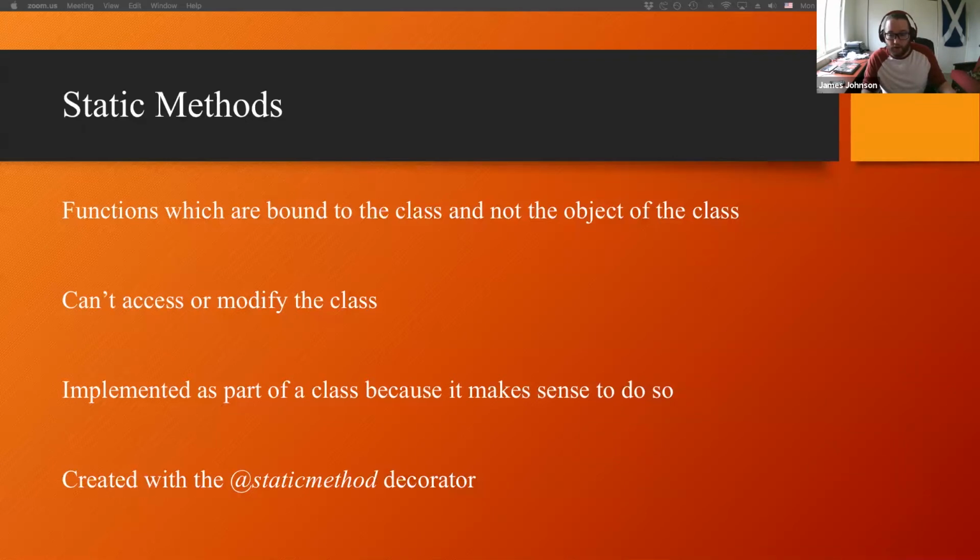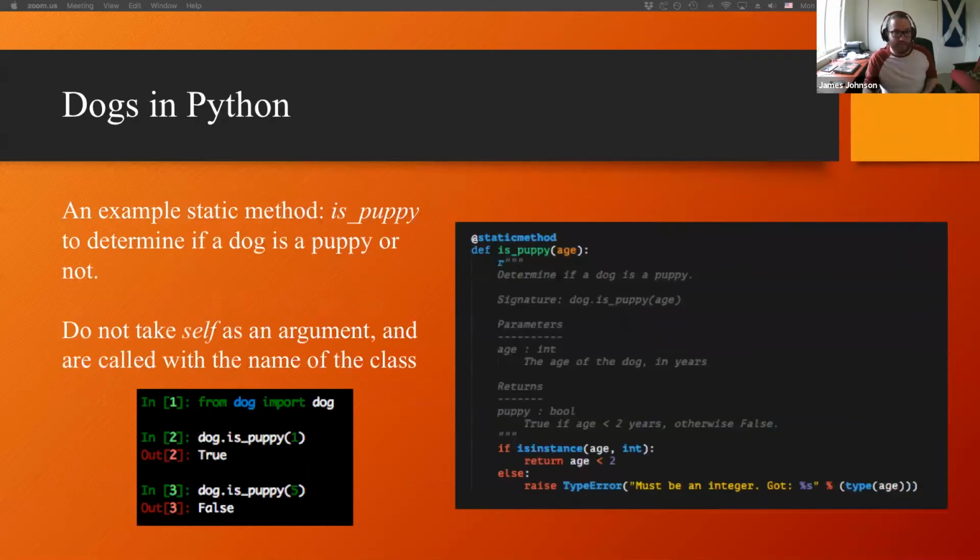So an example of a static method would be checking if a dog is a puppy. So this function I've written here just returns true if the age of the dog is less than 2. So if the dog is less than 2 years old, we say it's a puppy. I know there may be other definitions of puppy, but this is the one we're running with for this example.